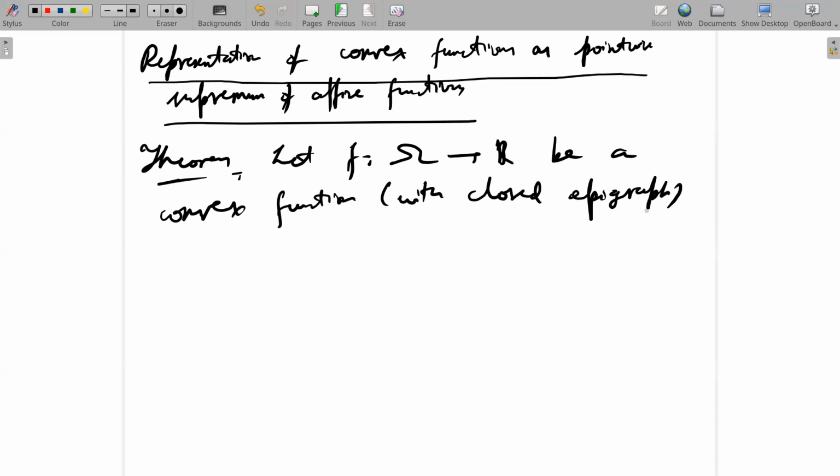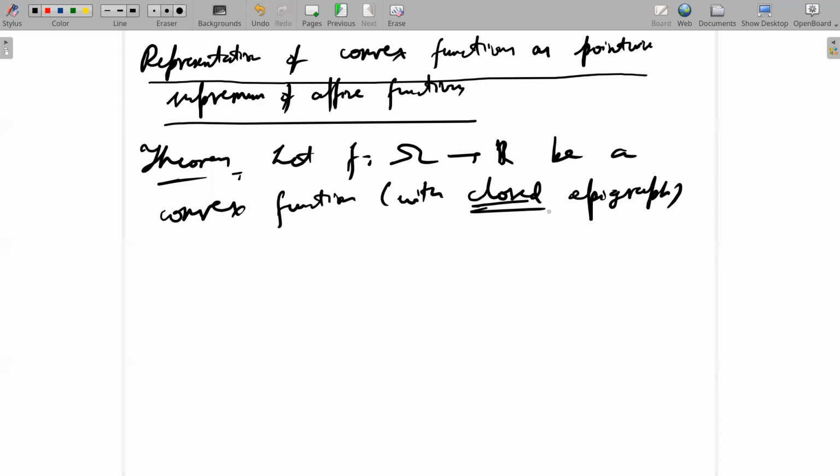So you can guess why this assumption is needed, because eventually we are going to use the two basic theorems that we learned about convex sets. One was the supporting hyperplane theorem, and one was the separation theorem: if I have a closed convex set and I have a point outside of it, I can draw a separating hyperplane. So a closed epigraph is a closed convex set. Those two theorems are very valuable whenever you're dealing with convex sets. They will come over and over again, and by now you have probably already used them like 10 times.